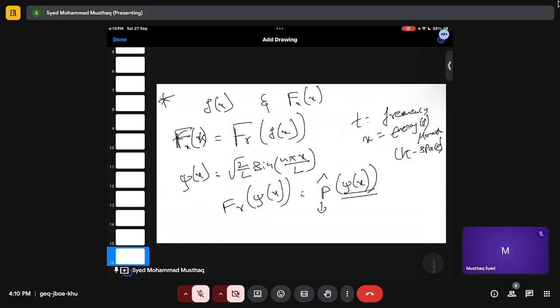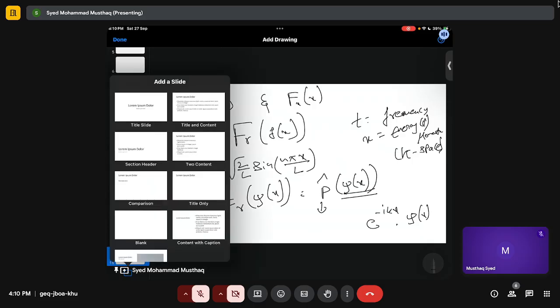Okay, I can do it, but it will take time, so I will not perform it. It is rather simple, you know. All you have to do is e power minus ikx times psi of x. What is my psi of x? Sin(n pi x by L).